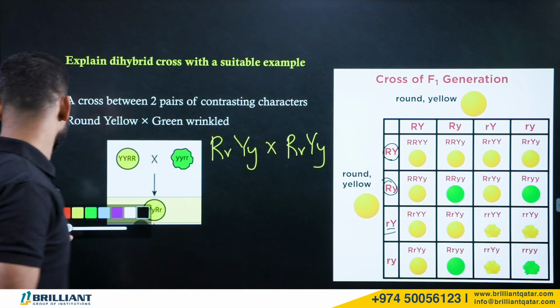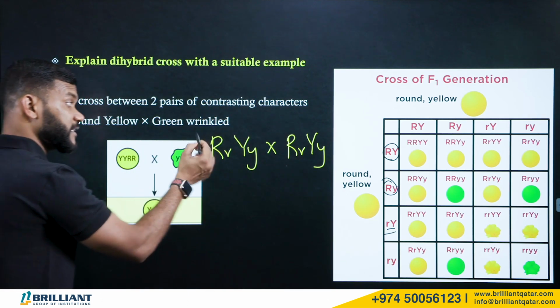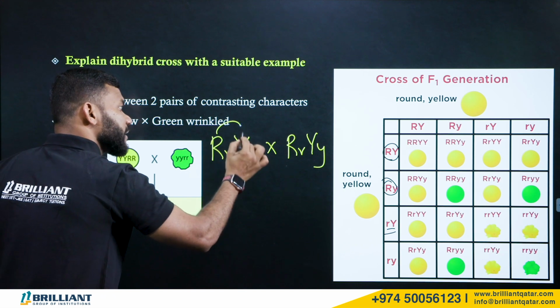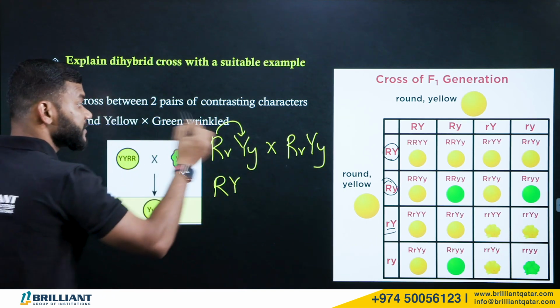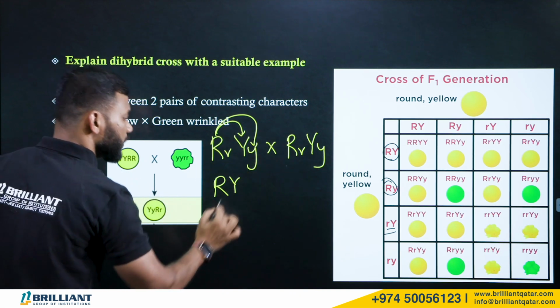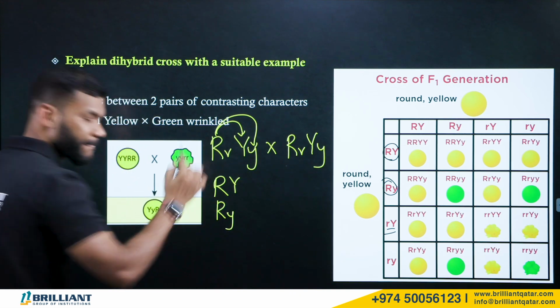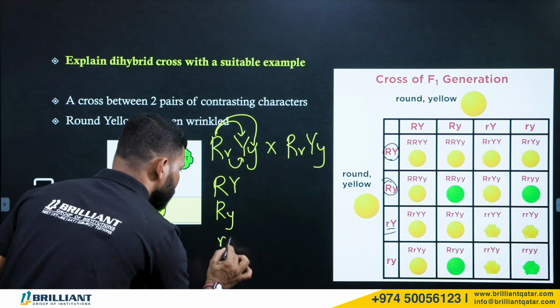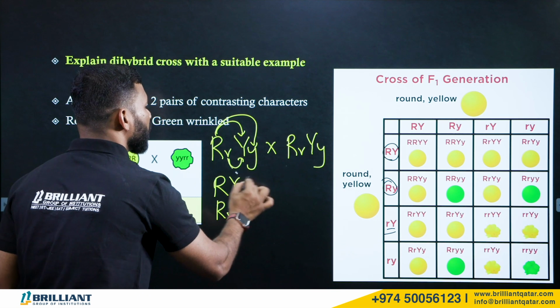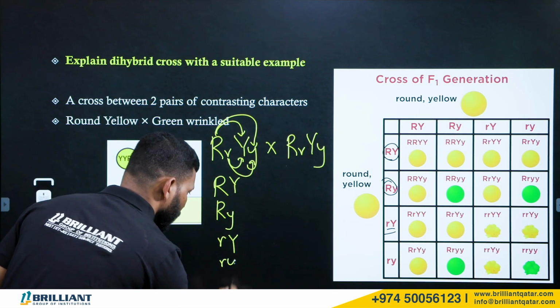I'll tell you an easy way to produce the gametes. First, capital R goes to capital Y. Second case, capital R goes to small y. In the third case, what happened? Small r goes to capital Y, and small r goes to small y.